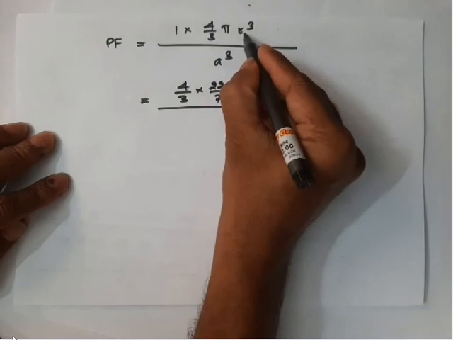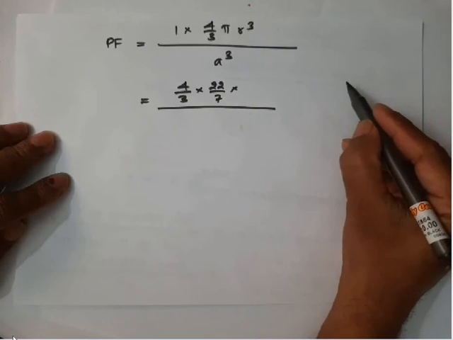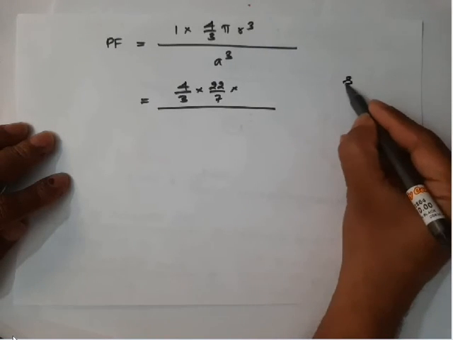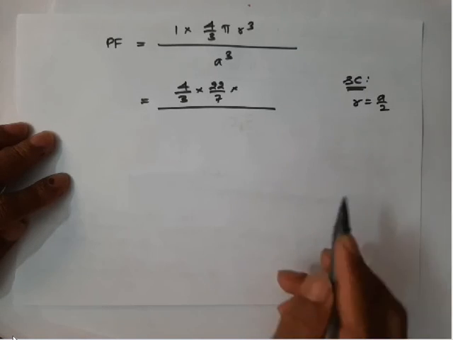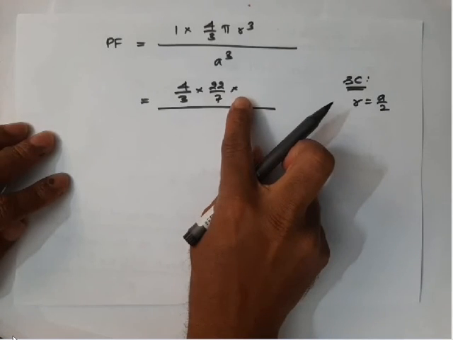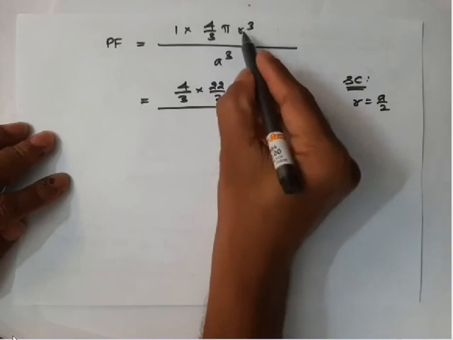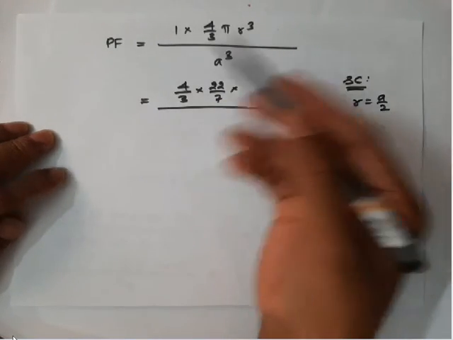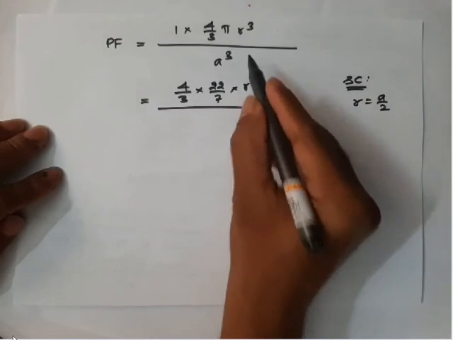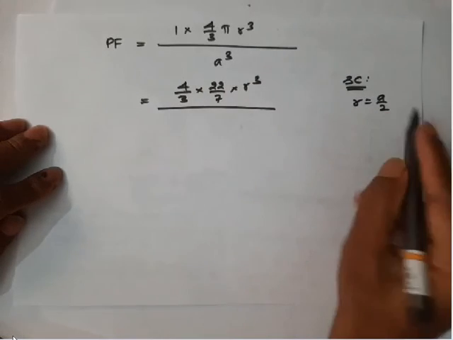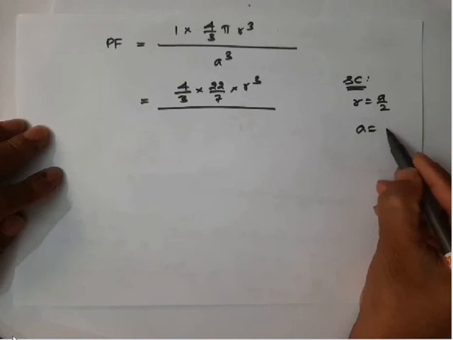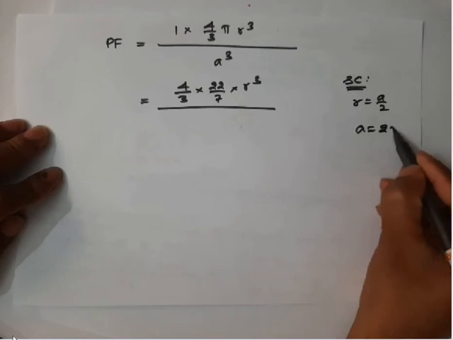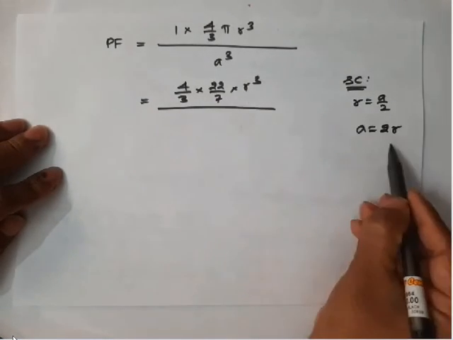What is the relation between R and A in the case of simple cubic unit cell? R equal to A by 2. So what is A? A equals 2R. So in the place of A, I'll put 2R.